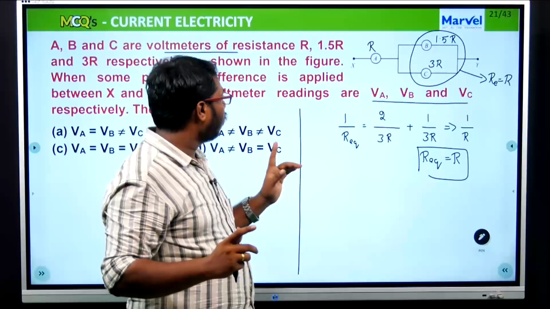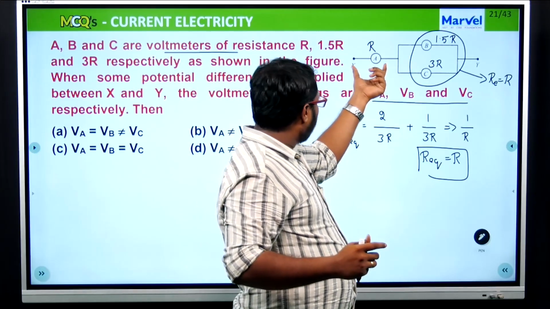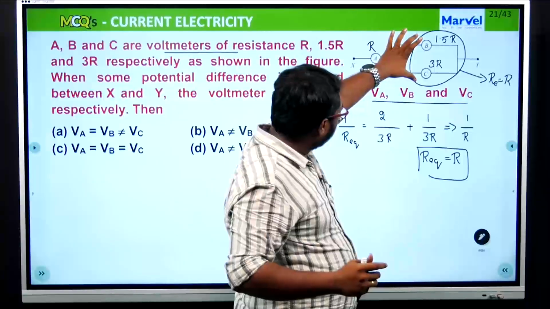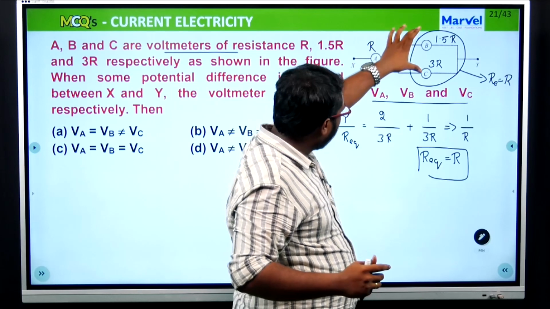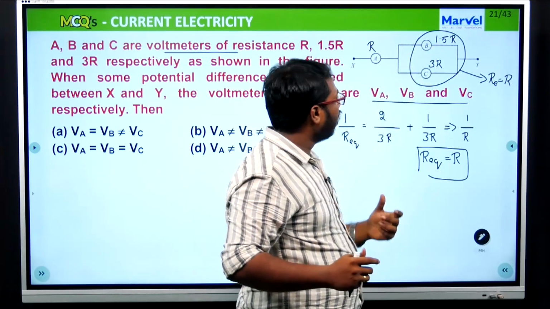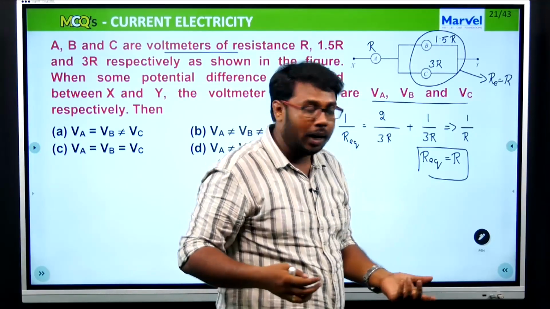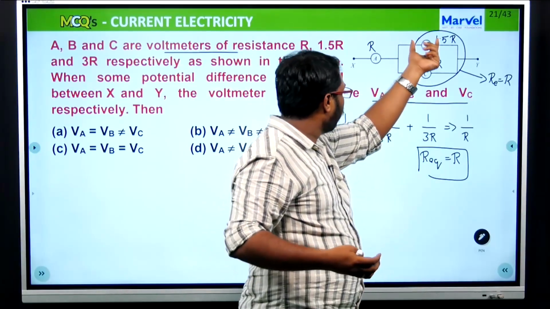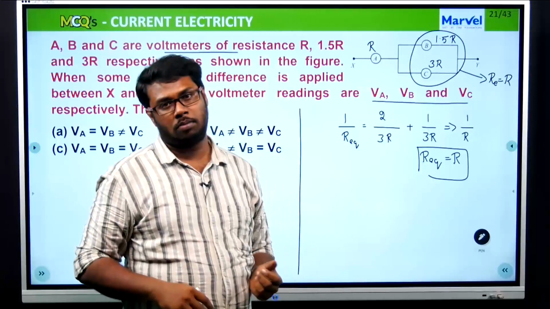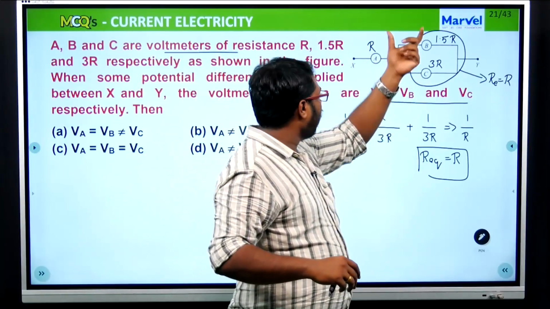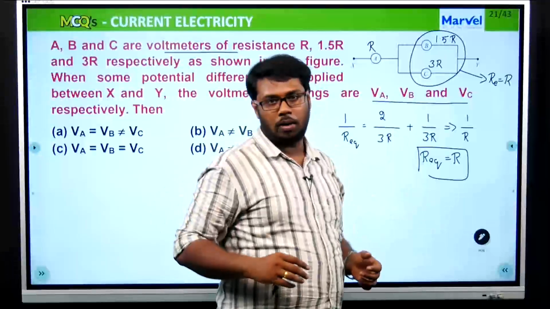Since in this combination both components are connected in parallel, the drop on C and the drop on B will be equal.